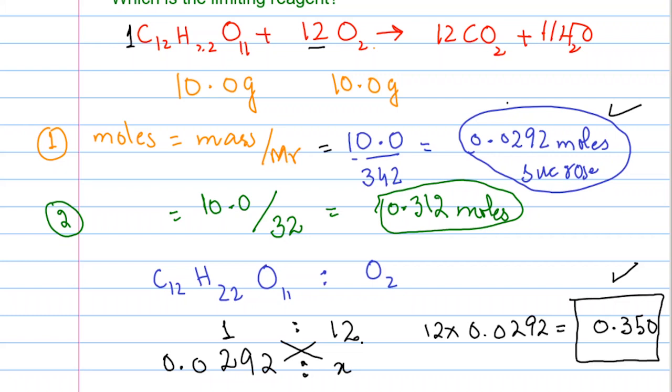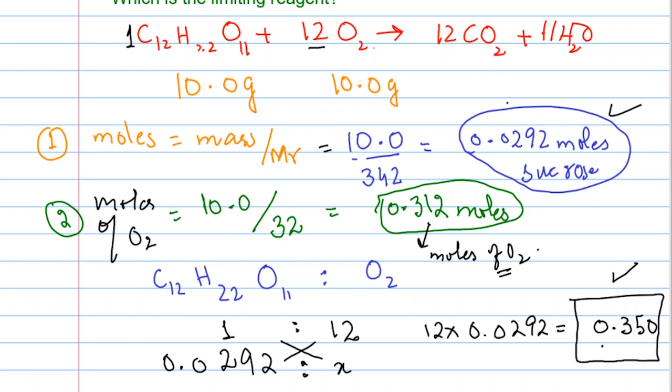Remember, 0.0292 moles of sucrose are required to react with 0.350 moles of oxygen. So here the moles of oxygen we have are 0.312, and the part of the reaction requires 0.350.